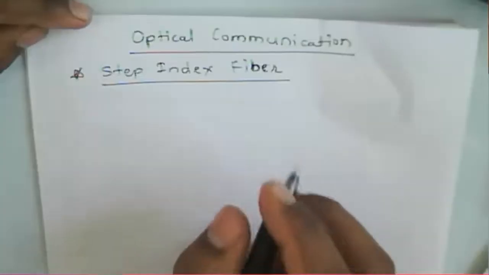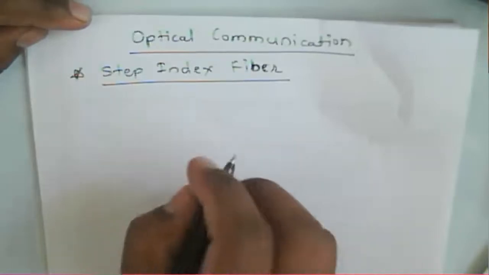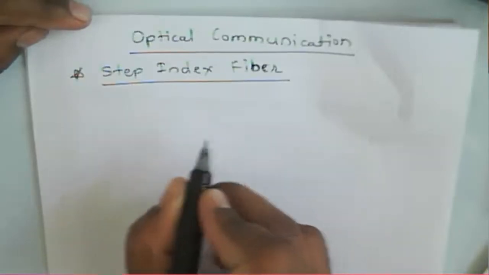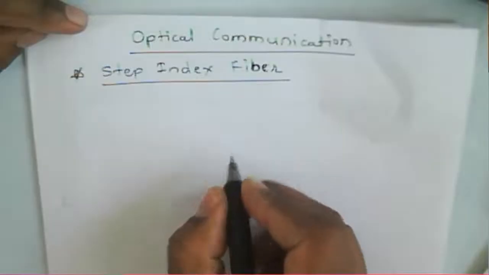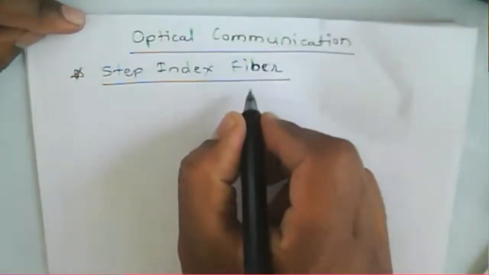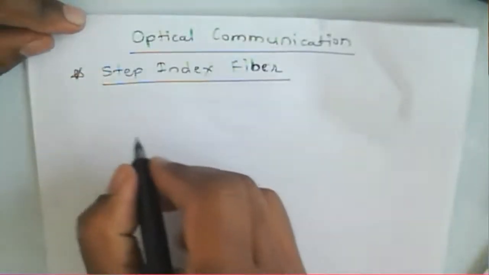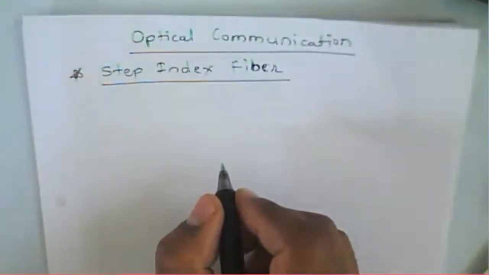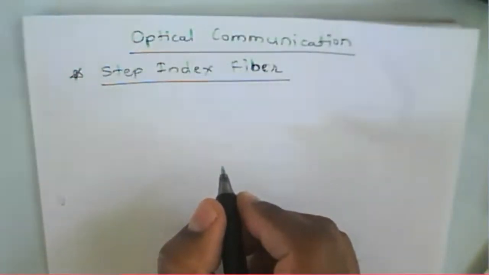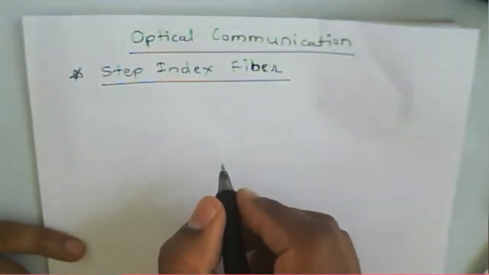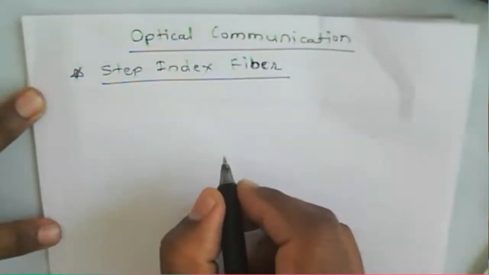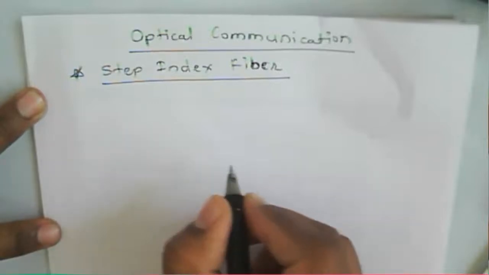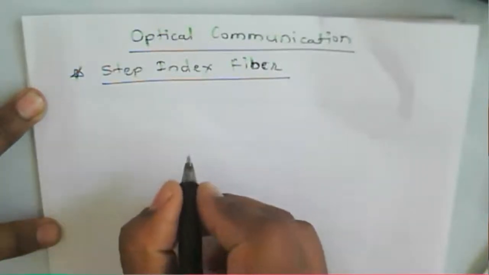So if throughout that core the refractive index is a constant, that particular fiber is called a step index fiber. And if the refractive index of a core is varying gradually, that fiber is called a gradient index fiber. So we'll see here in detail about that step index fiber.